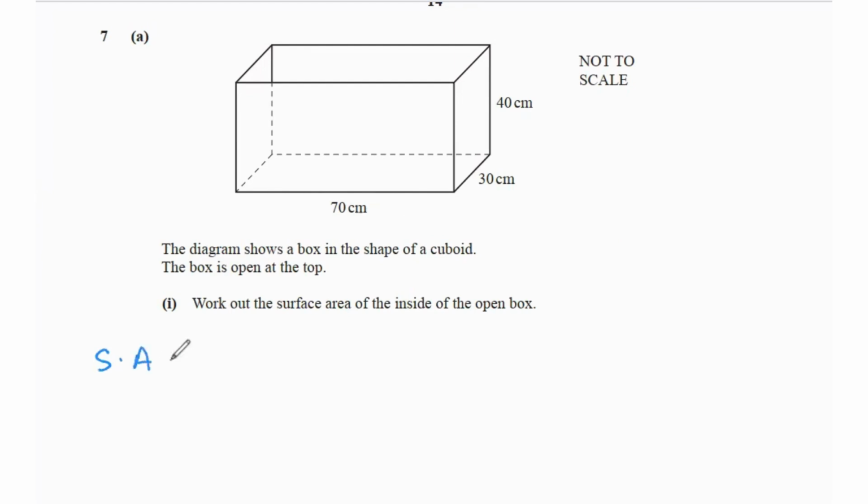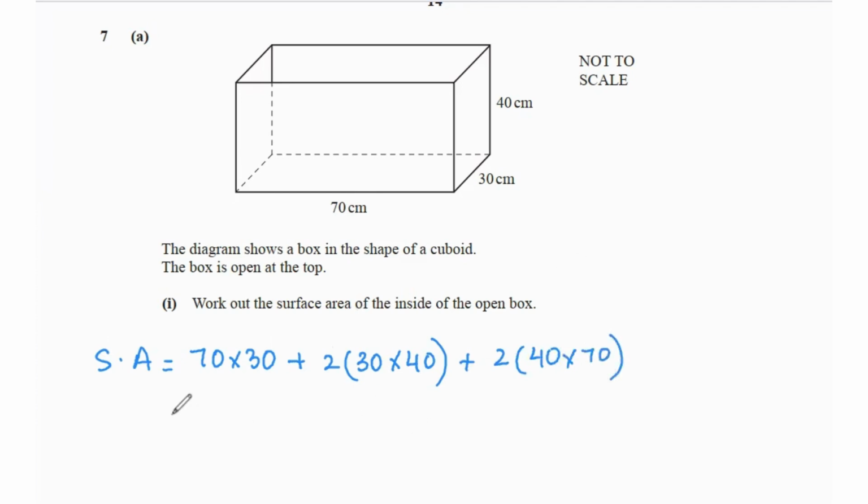So surface area is going to be 70 times 30 plus 2 times 30 times 40 plus 2 times 40 times 70. And that is going to give us 10,100 centimeters squared.